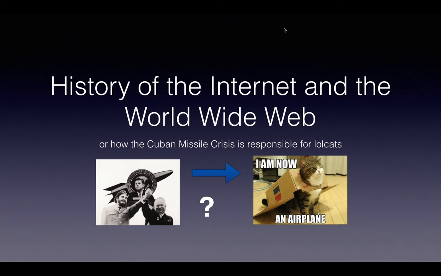The other reason I really like looking at the history of things is that if you understand to some degree how things work and why they progressed the way they did, it takes away a little of that sense that the computer's a magic box that does things.